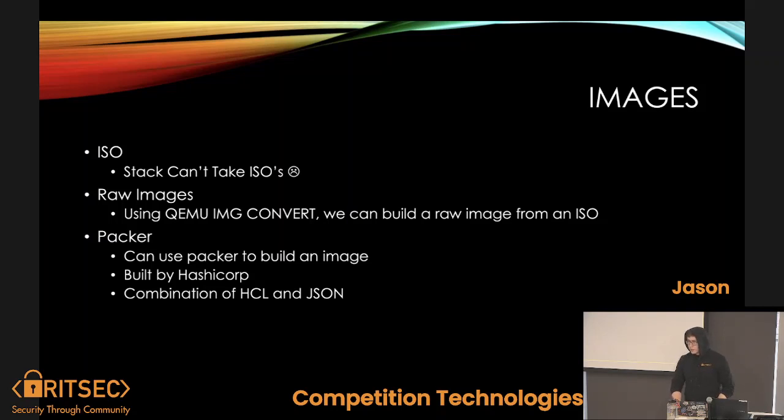So the first step in building a competition is getting your golden image, and this golden image will take the base requirements you have for whatever virtual machine you want to use. So say you want to use an Ubuntu virtual machine to host a service. Anthony, give me a service.